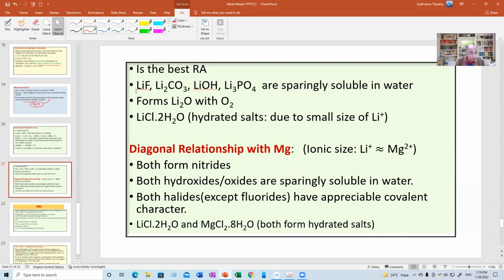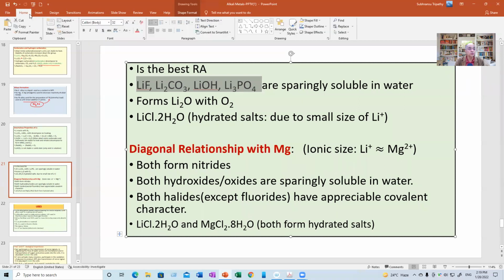The fluoride, this is very, very important. You have to remember it. I will definitely ask you to note it with all seriousness. The fluoride, the carbonate, the hydroxide, the phosphate, these are sparingly soluble in water.